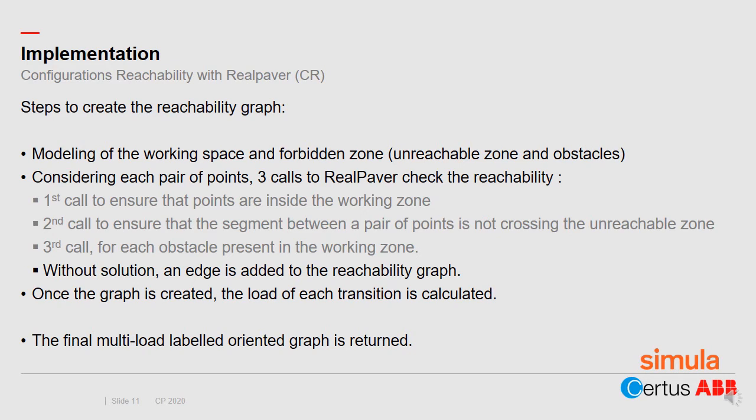And once all the executions of RealPaver over all pairs of points are done, the graph is created, and we know all the transitions between all the points in the working space. So the output of the first component of RobTest is a multi-load labeled oriented graph.